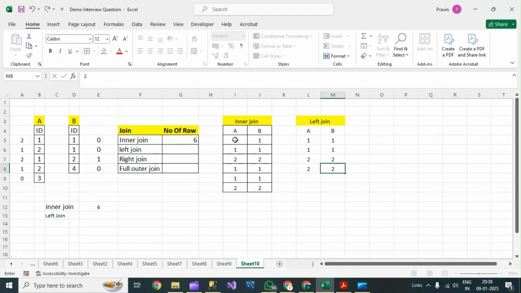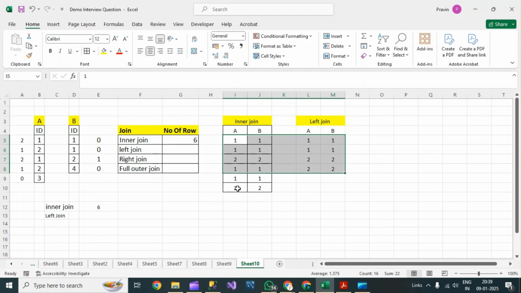So it is the same output as the inner join. If you check, it is the same output as this.